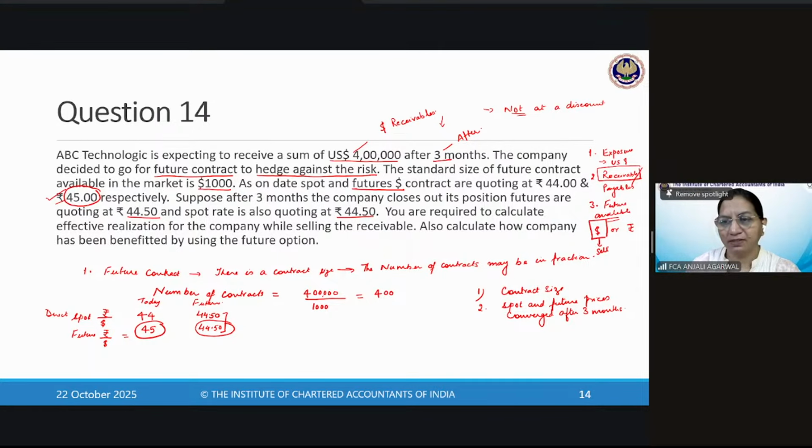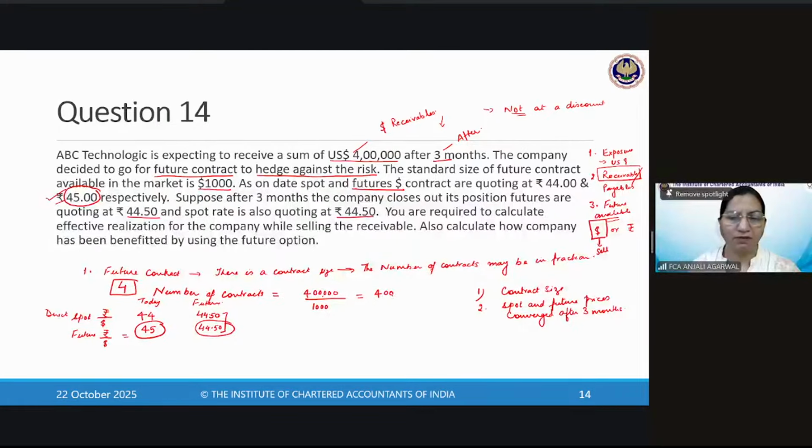So this makes clear what our hedging strategy is, that we will sell dollar futures. Fourth step would be to find out the contract size and number of contracts. How do you do that? Total receivables divided by the contract size. So you have taken 400 future contracts.